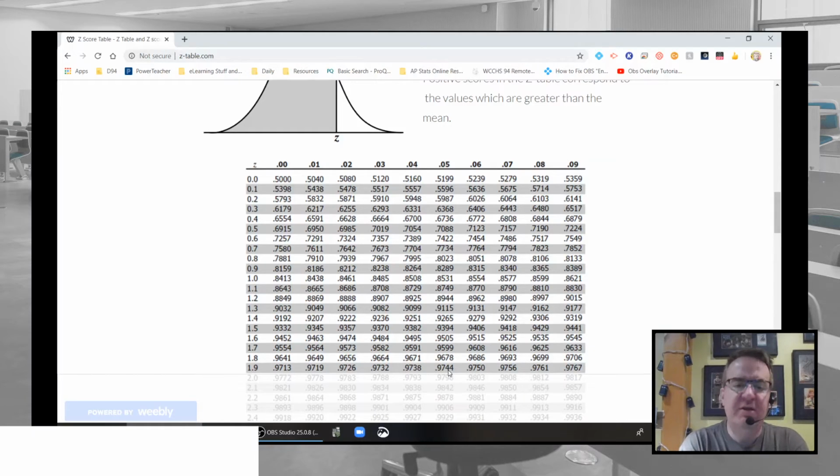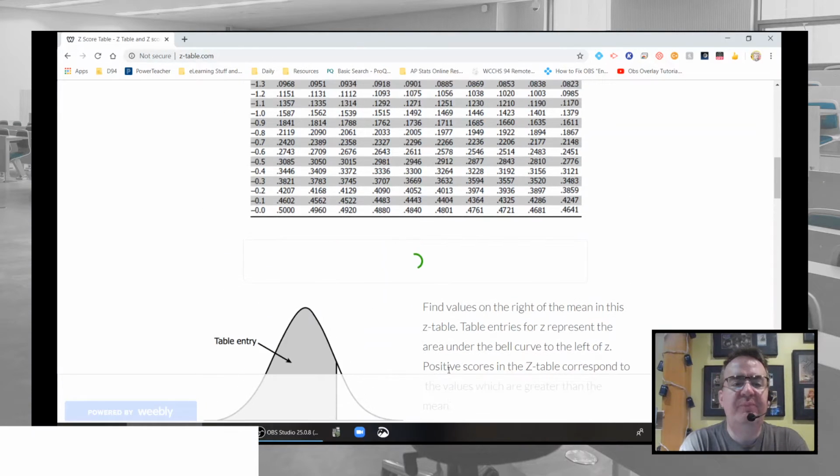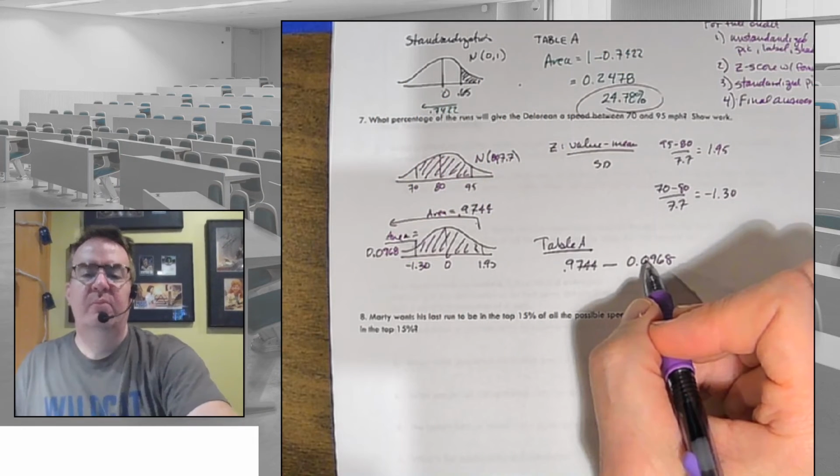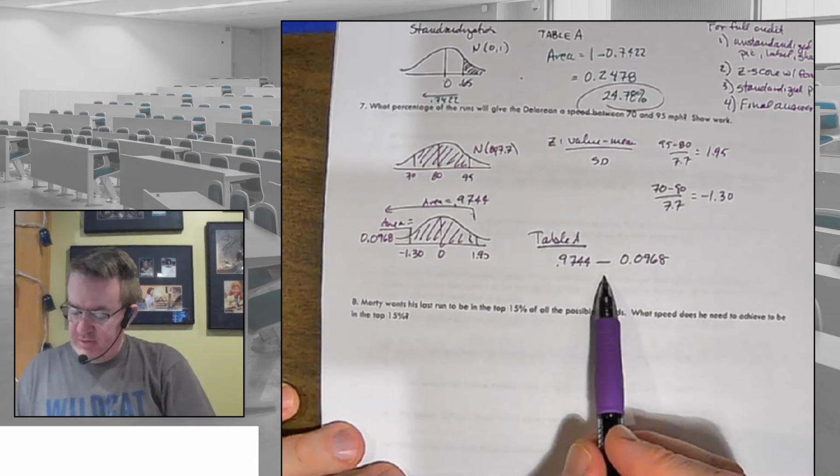Minus, now for the other one, I need a negative 1.3. Put that up at the top, 1.30, so that's right there. So that's going to be 0.0968. Okay, now I've already written it down here.